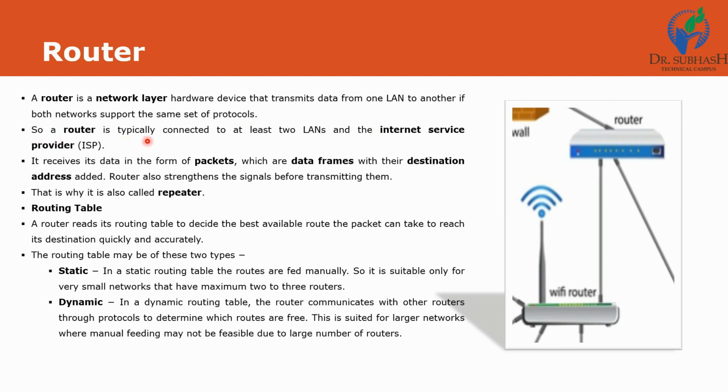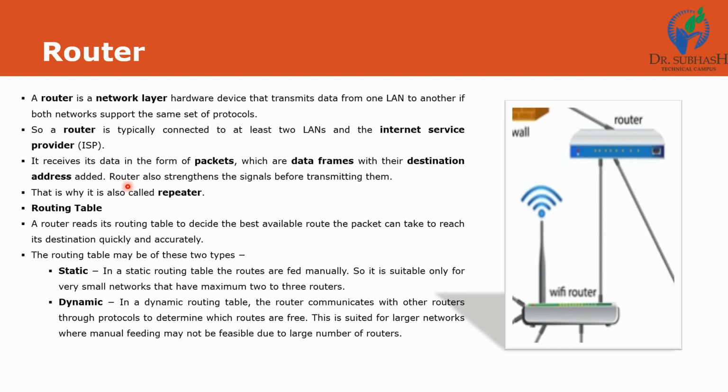So a router is typically connected to at least two LANs and the Internet Service Provider, ISP. It receives its data in the form of packets, which are data frames with their destination address added. A router also strengthens the signals before transmitting them.